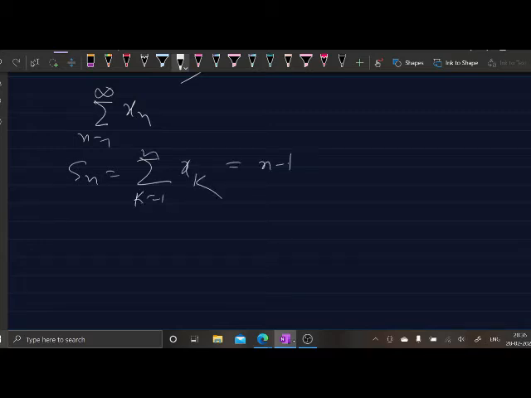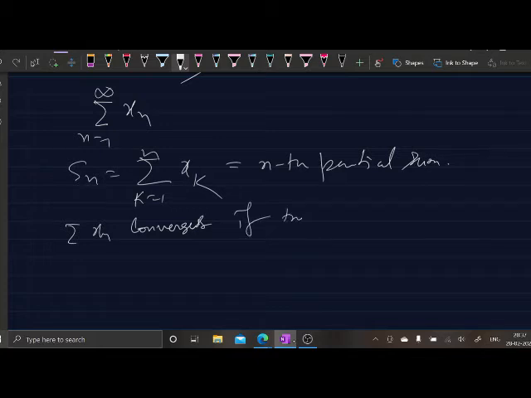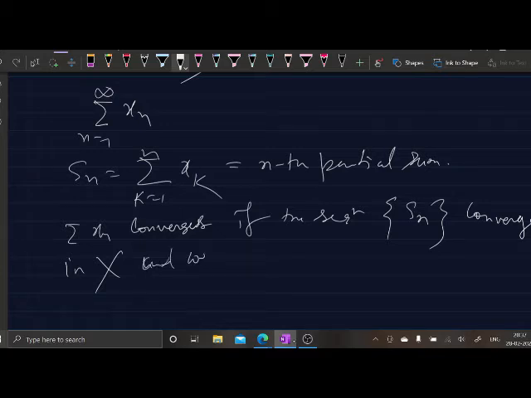This is the Nth partial sum of the series, and we say that the series is convergent in X if the sequence of Nth partial sums, the sequence Sn, converges in X. So the summation converges if the sequence of Nth partial sums Sn converges in capital X, and we write the sum of the series as the limit of Sn.